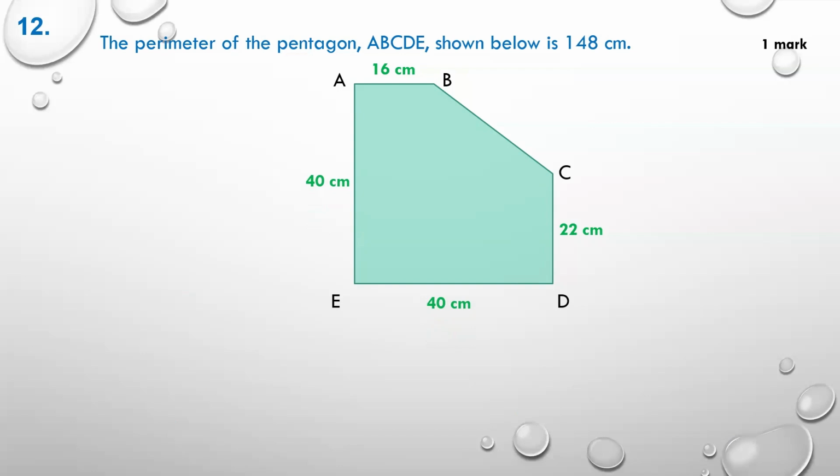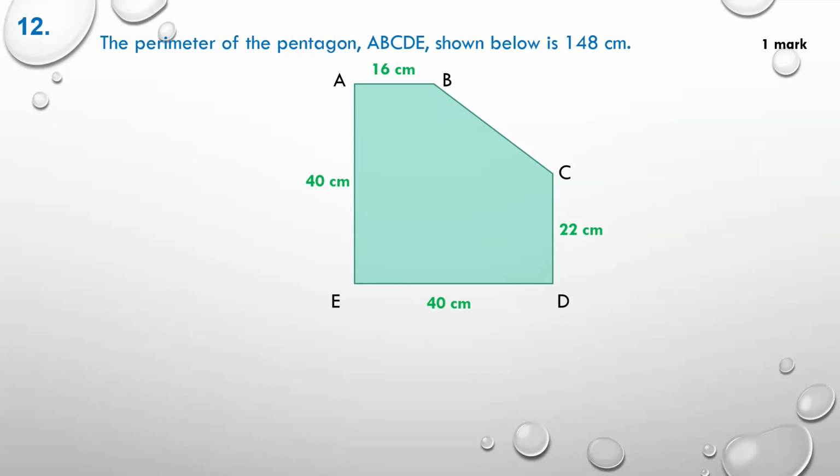So if we remember perimeter, means a measure of distance, and peri means part of the word periphery, which means going around. So it's a distance around the object. So if we look at that, the distance around the object, how many sides does this object have? Let's count it. A to B, that's 1. B to C, that's 2. C to D, 3. D to E, 4. E to A, 5. They have 5 sides.